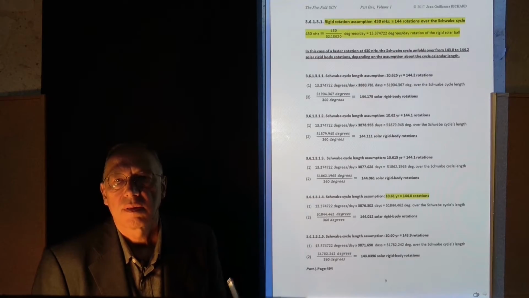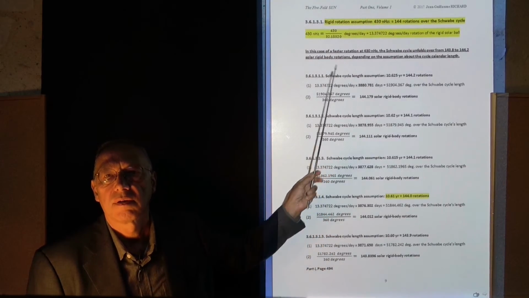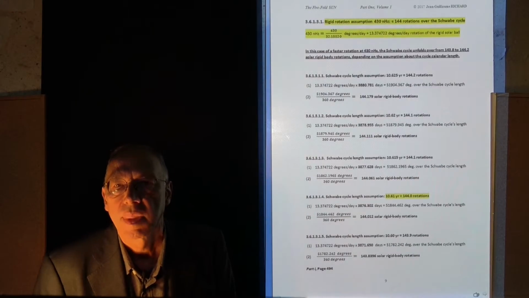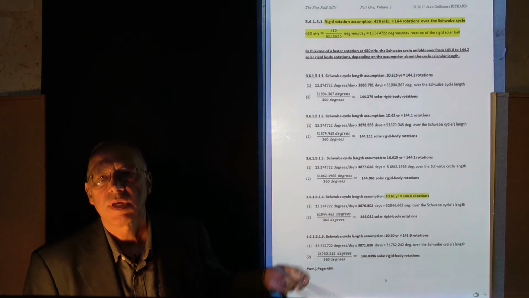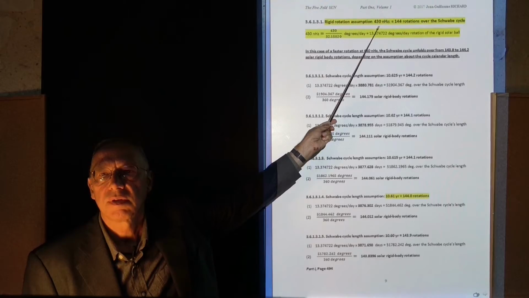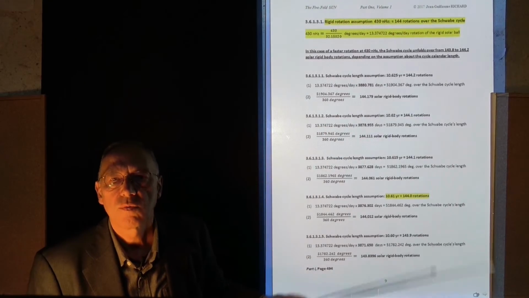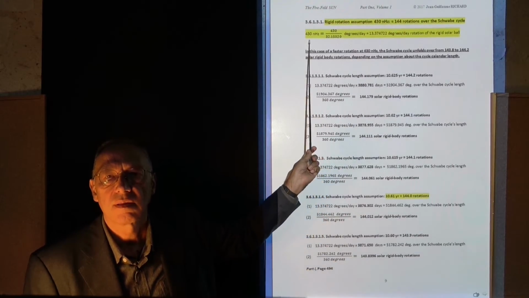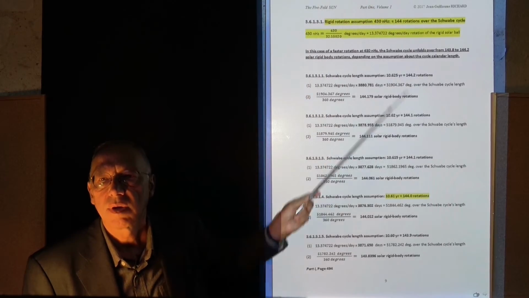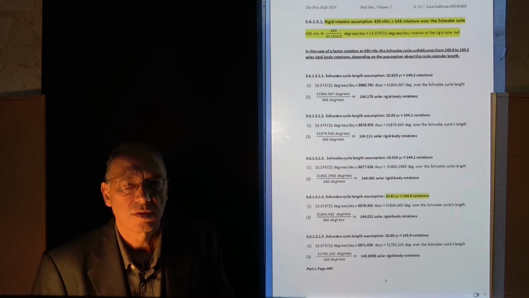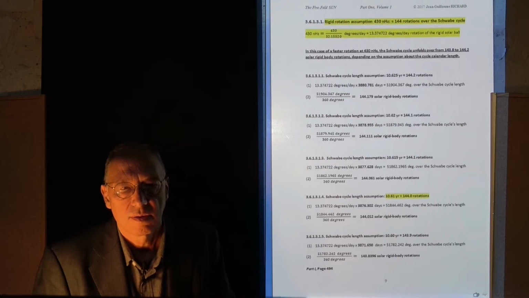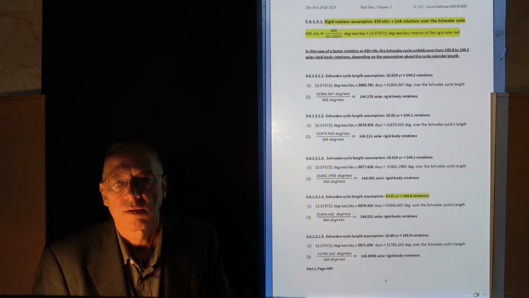Now, on this page of section 3 in part 1 of the Fivefold Sun, we remain with this assumption of a rigid body rotation at 430 nanohertz, and we translate this angular velocity into a number of rigid rotations of the solar ball over the length of the entire solar Schwabe cycle.